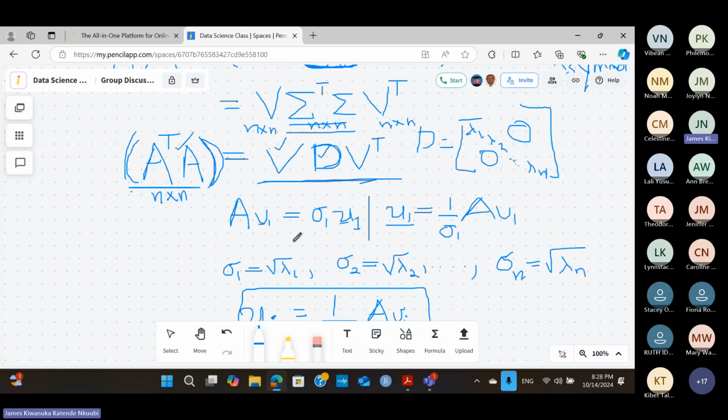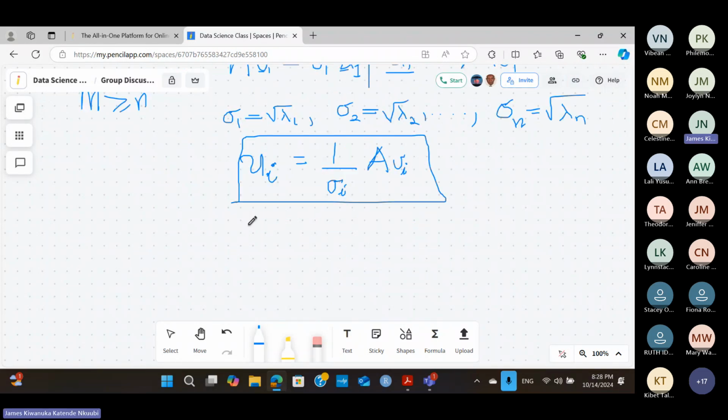Then it may not give me all the vectors because we said m is greater than or equal to n. But that will still work because now what will happen here is I will get the thin decomposition, the thin singular value decomposition. It's possible for me to extend the basis to make it a full basis.